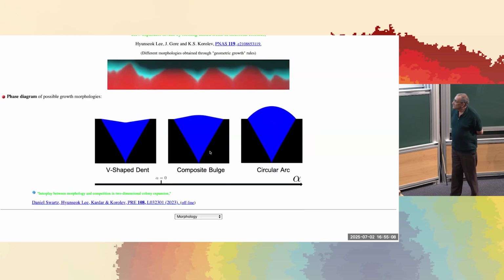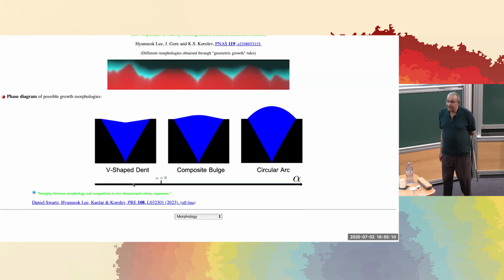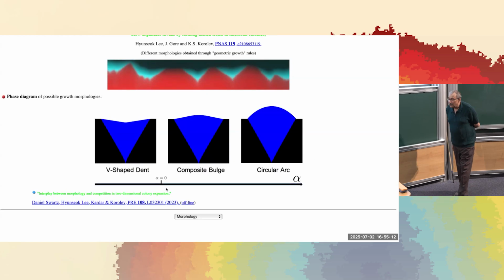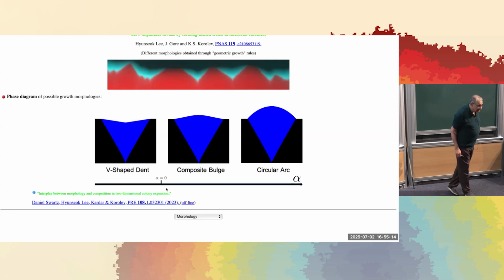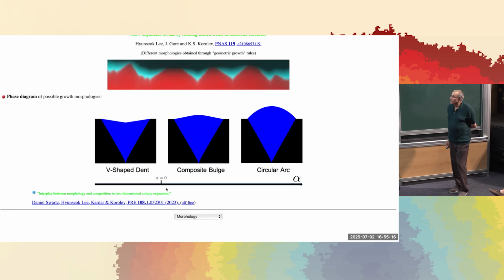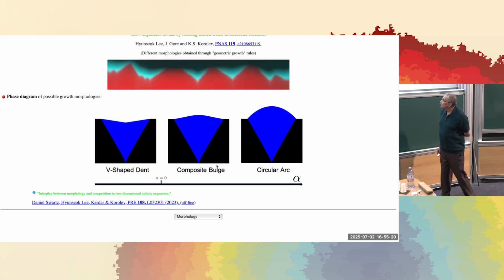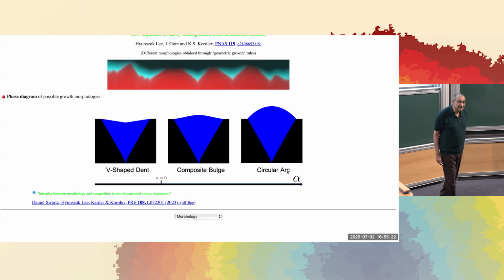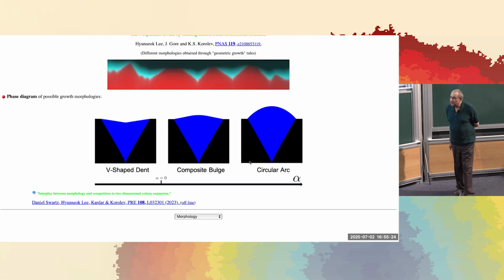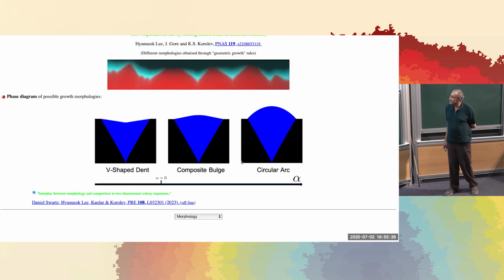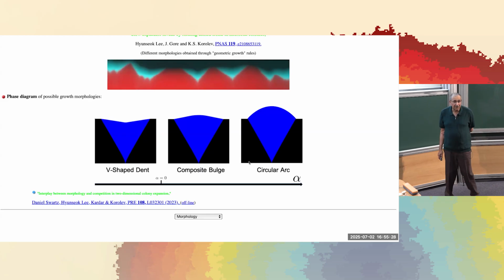And so basically, as the parameter alpha that shows the relative growth of these two species changes from negative to positive to larger positive, you have some kind of a phase diagram in morphologies that are governed by this pair of equations.